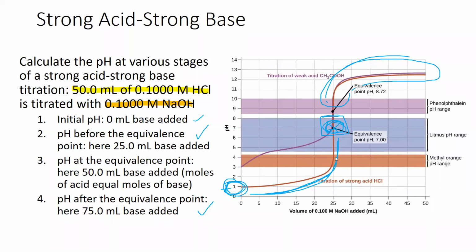Then the section from there all the way to just before the big steep increase in the pH, with small amounts of added base. Then the equivalence point, which is hopefully the same point as your endpoint. And then after the equivalence point. We'll look at each of those and review what we did yesterday.